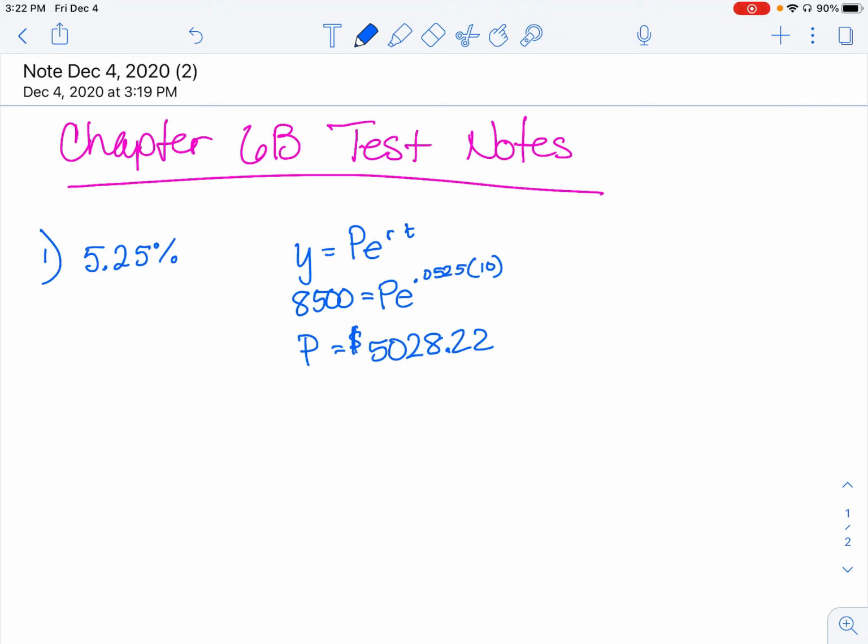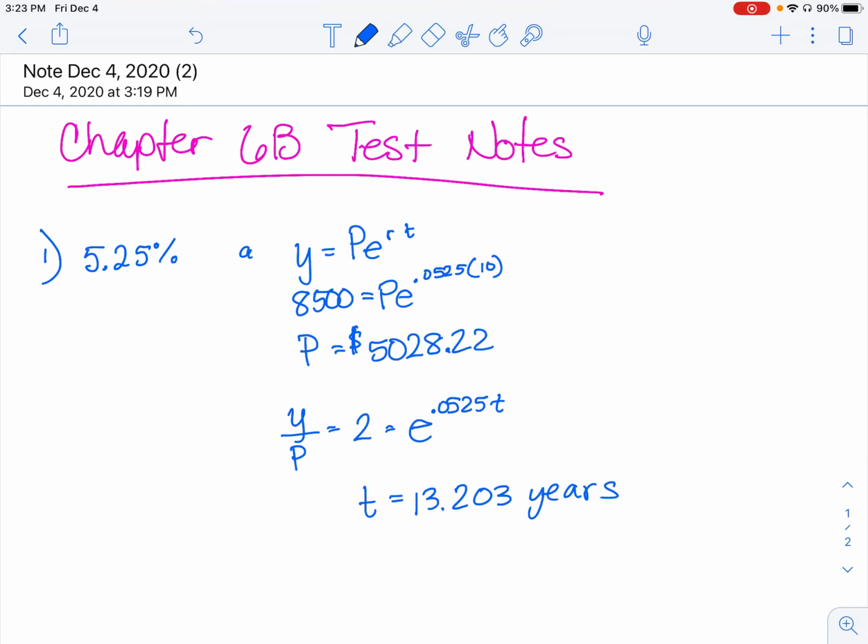Okay, in how many years will the investment be doubled? Well, you have to know that y over P, which is 2, is equal to e to the 0.0525t, and you're solving for t, and that t would have been 13.203 years.